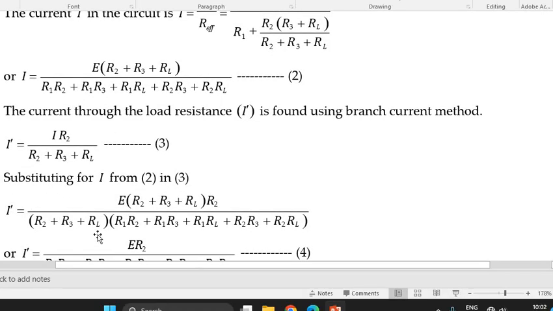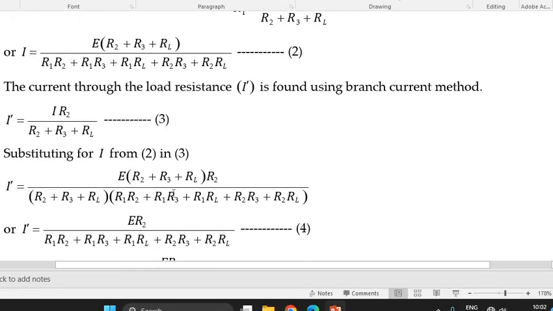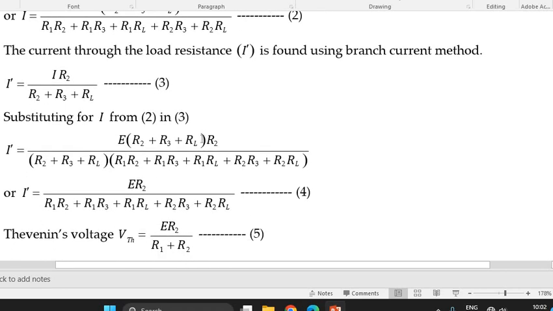I dash is represented by E R2, and R2 plus R3 plus RL gets cancelled on both sides. We get E into R2 divided by R1 R2 plus R1 R3 plus R1 RL plus R2 R3 plus R2 RL. This is represented as equation number 4.